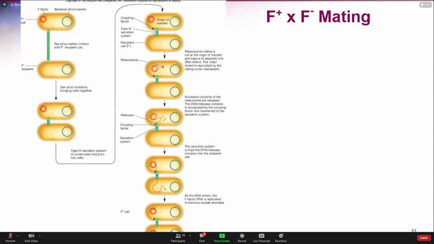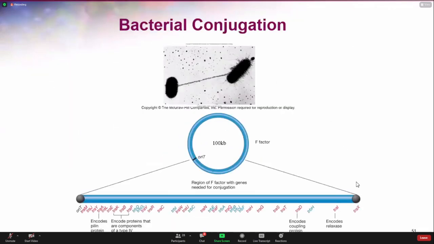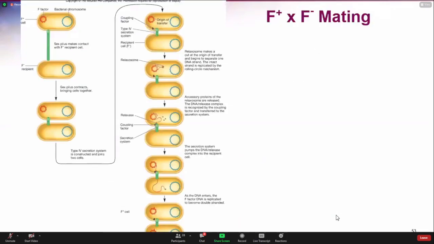And what's transferred is the F factor in this case. And in order to transfer it, the relaxosome, which you'll remember was encoded by the TRA1 or relaxase, but in combination with multiple other TRA proteins.